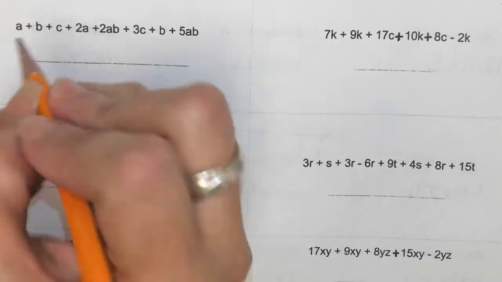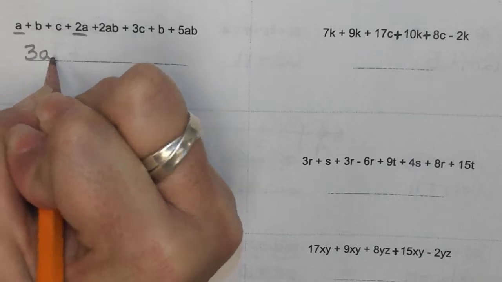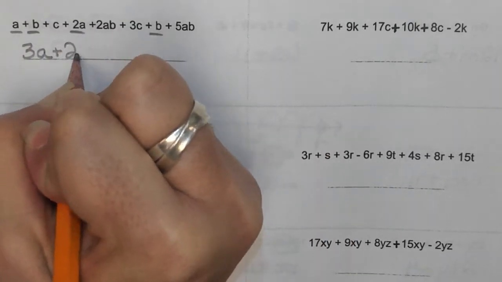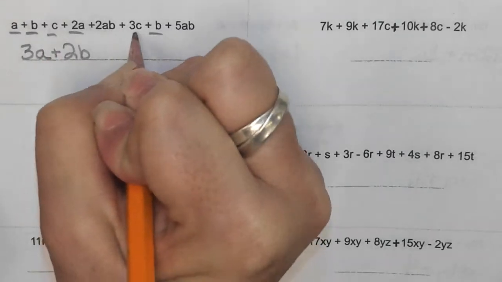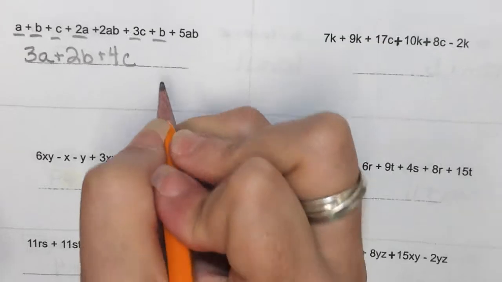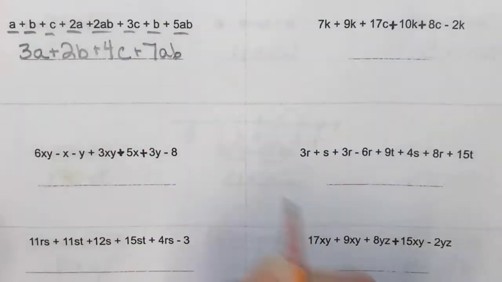Here we go. We got an A plus 2A is 3A. A B plus another B is plus 2B. A C plus 3C is plus 4C. Plus 7AB.